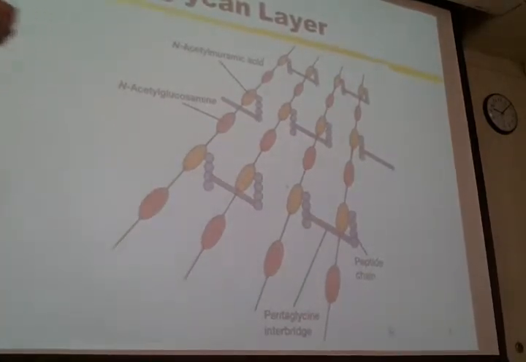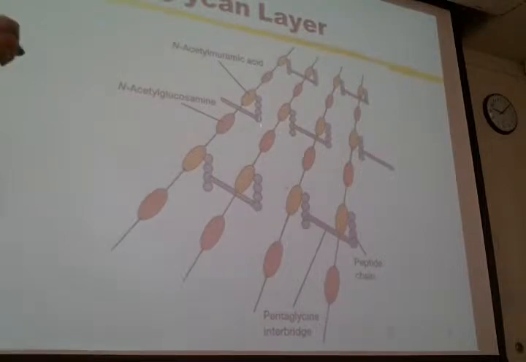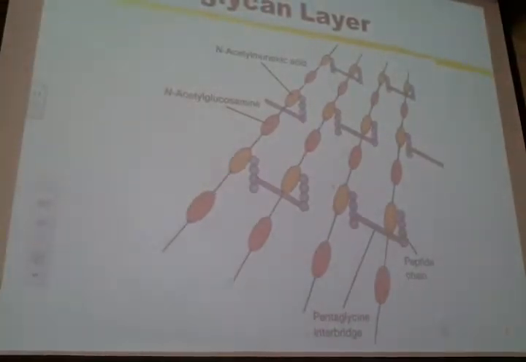So if you'll notice here, off of the NAMs, the yellow ovals, are 4 blue circles, and those 4 blue circles are representing 4 amino acids. So this is usually referred to as the peptide tail, or the tetrapeptide tail, since there are 4 of them.